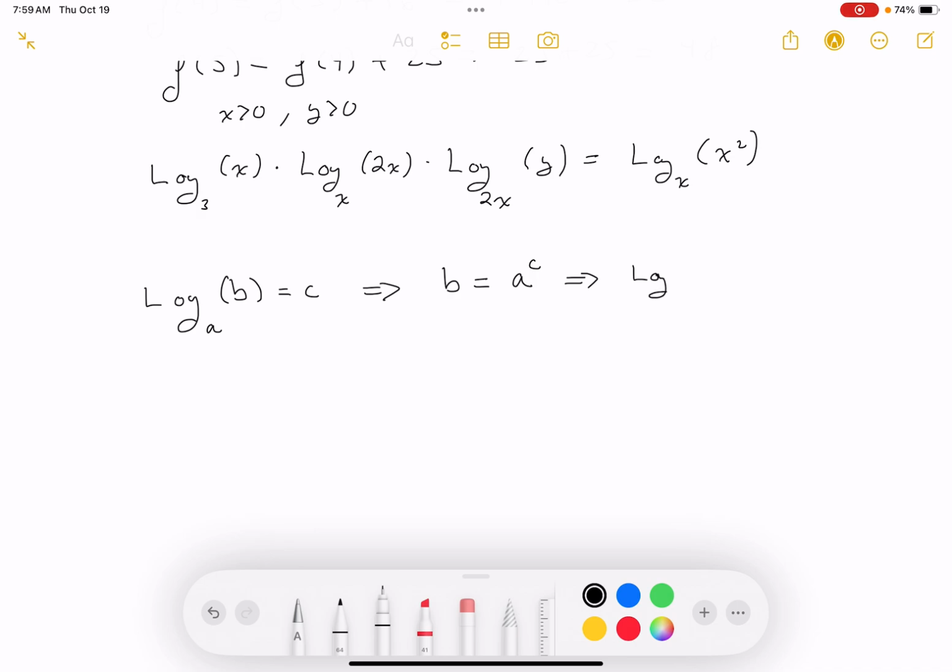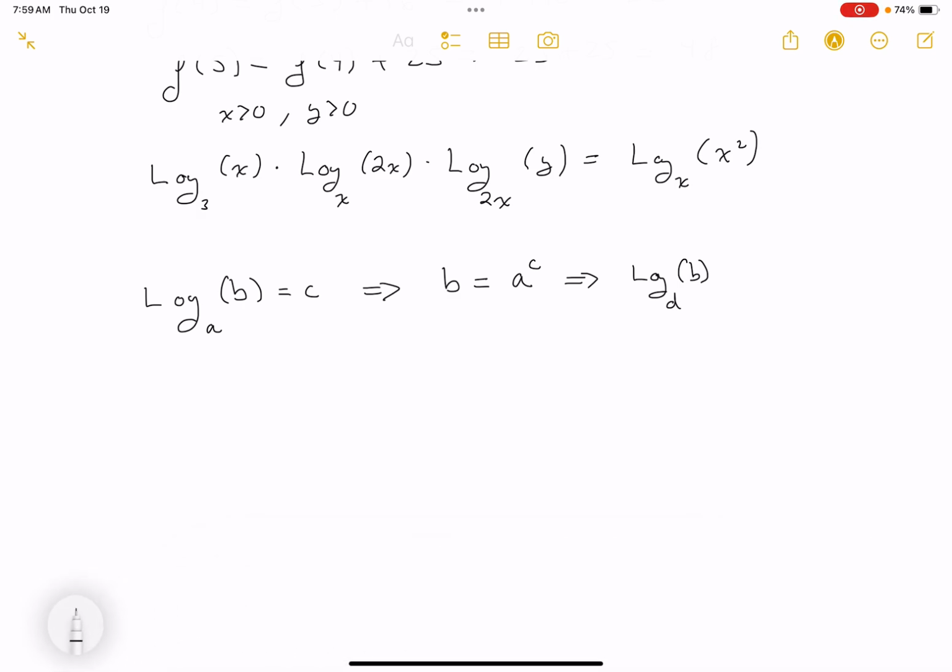So I'm going to take log base d of b, is equal to, I made a mistake there. Go backwards. Where was I? Is equal to log base d of a to the c. And I'm going to use a basic rule over here. So log base d of b is going to be equal to c times log base d of a.